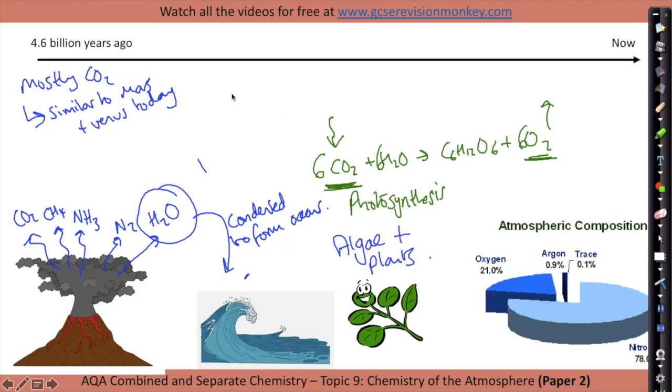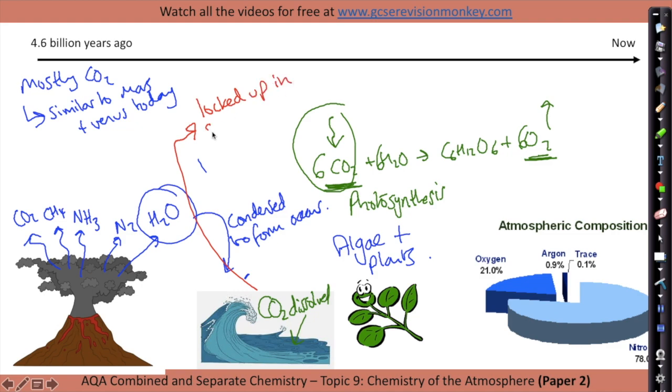Carbon dioxide gradually decreased not only because of photosynthesis and plants, but carbon dioxide also dissolved in the oceans, and there it became locked up in the shells of marine organisms.